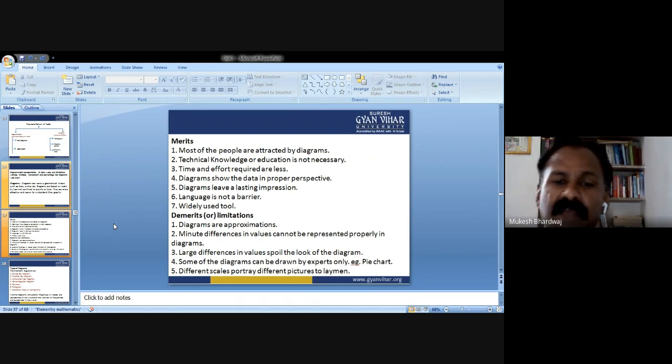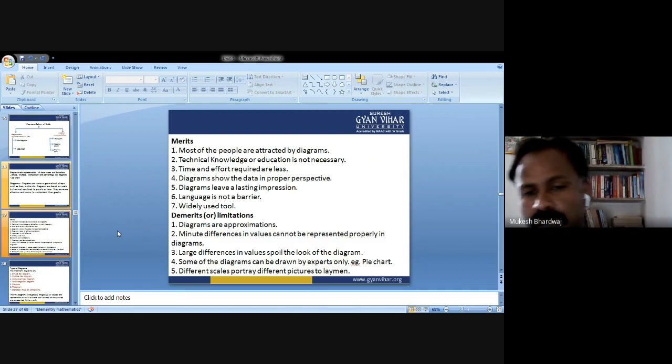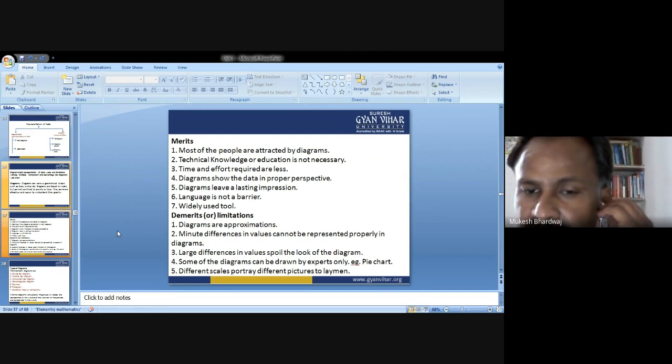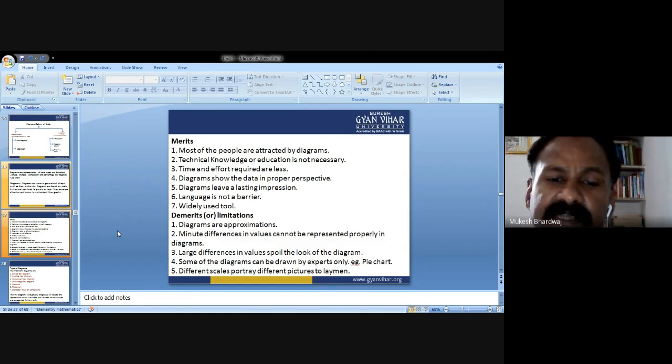Large differences in values spoil the look of the diagram. Some of the diagrams can be drawn by experts only. Example, pie chart. Pie charts are basically not drawn by normal people. Basically, these pie charts can be done by statistical experts only. Different scales portray different pictures to a layman.